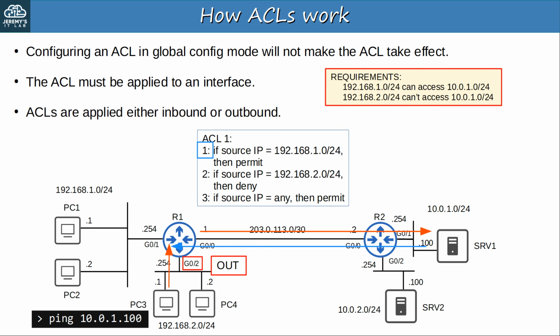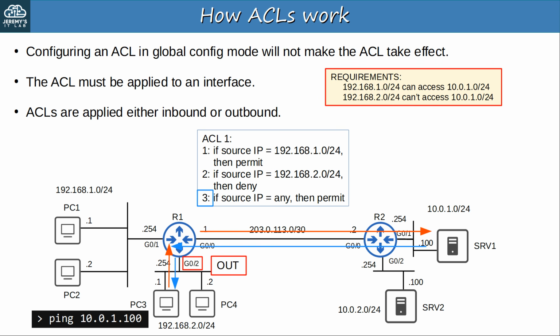If source IP equals 192.168.1.0/24, well, the source is server 1, so that doesn't apply. If source IP equals 192.168.2.0/24, that doesn't apply either. The source is not in that subnet. So, R1 reaches the last entry, which says permit all other traffic. So it forwards the reply to PC3.